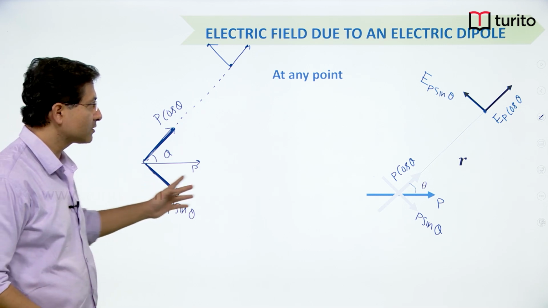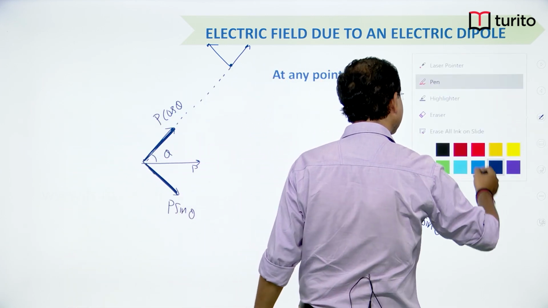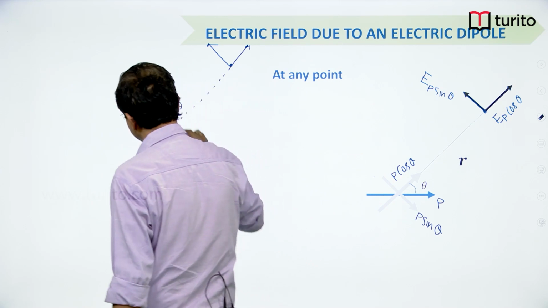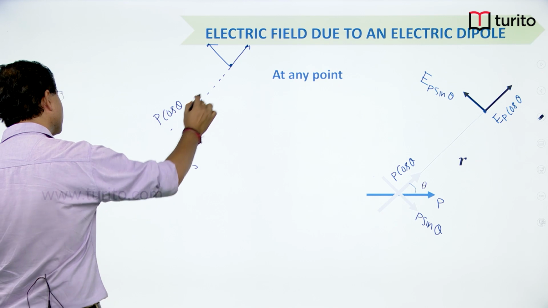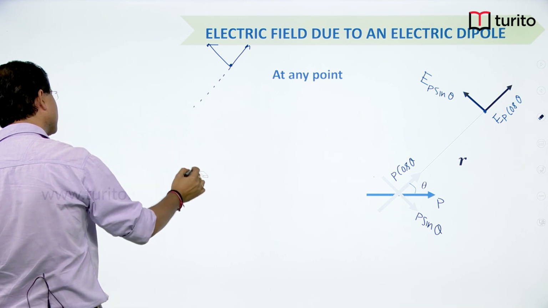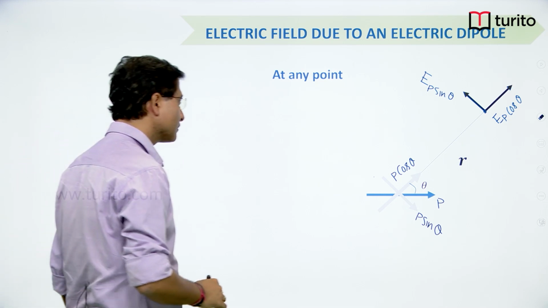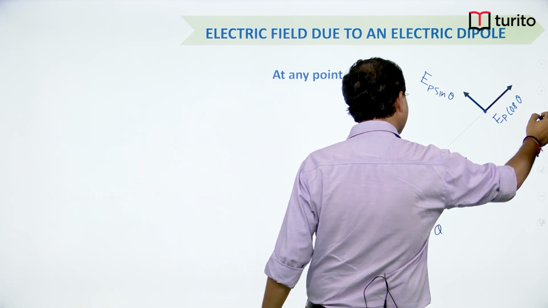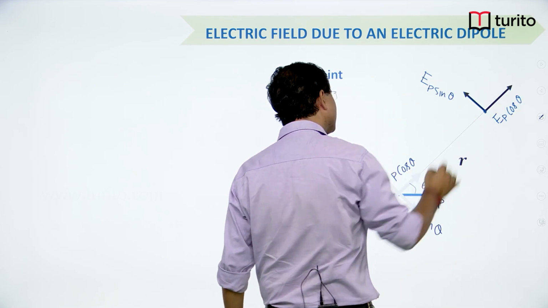I hope now this diagram is clear. So now what I need to do, I need to add them vectorially.